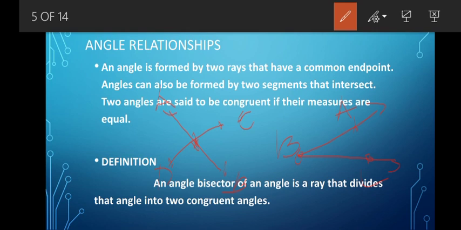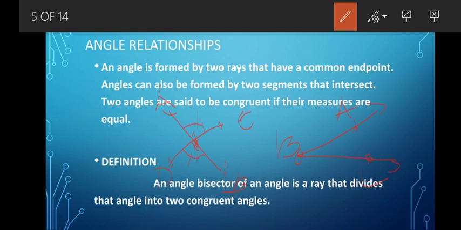We can see that they are congruent if the measures of the angles are equal. So that is the angle relationships, meaning parang meron silang isang point na parehas ang dalawang ray or dalawang segment. That is the angle relationships.